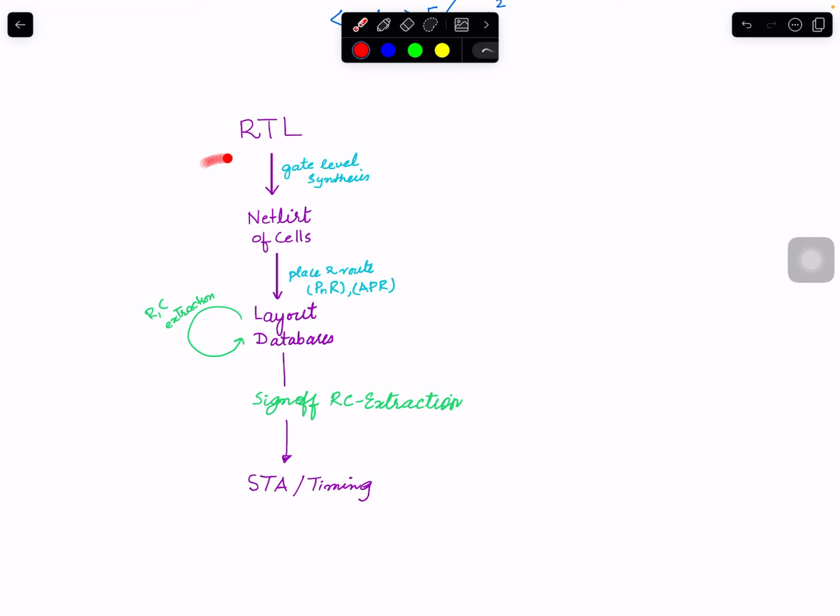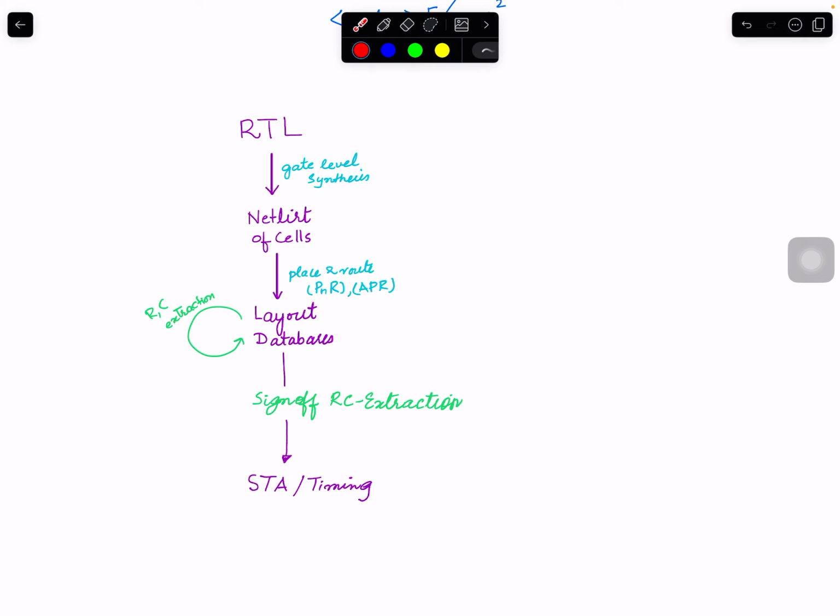You will not be manually calculating it. What you really need to understand is generally what kind of capacitance we have. If this metal 3 is this long, it will have this much capacitance. If metal 5 goes that long, it will have that much capacitance or resistance.